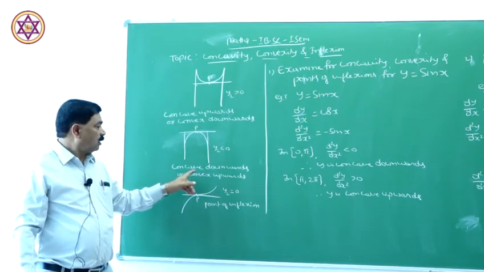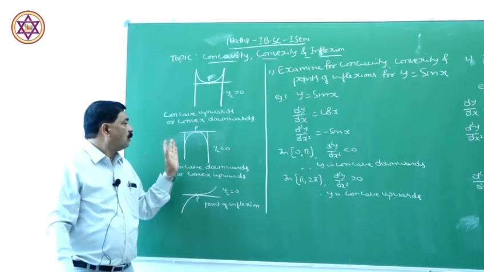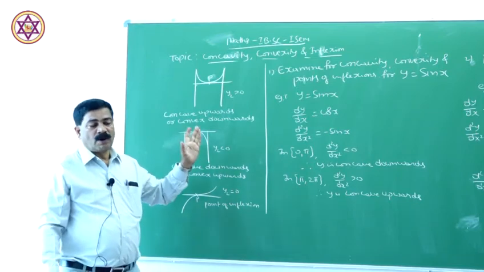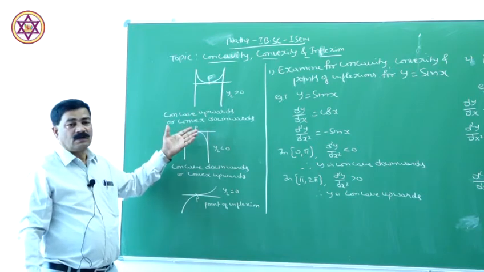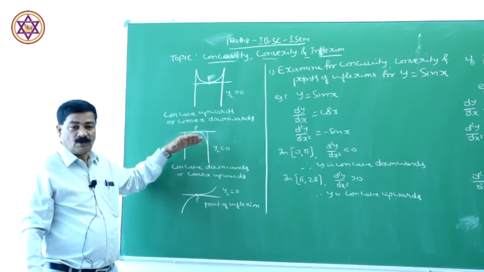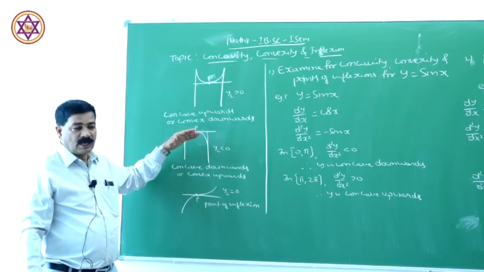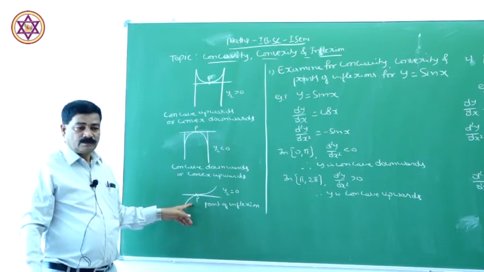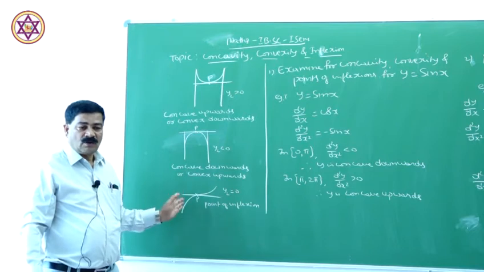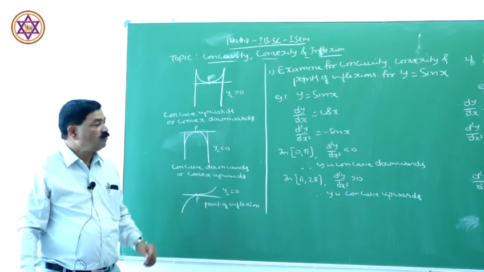The curve is said to be concave upwards or convex downwards if in the neighborhood of a point P the curve lies below the tangent on both sides. A point on the curve at which the curve changes from concavity to convexity or vice versa is called the point of inflection.